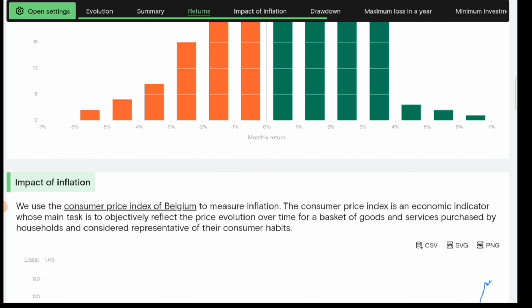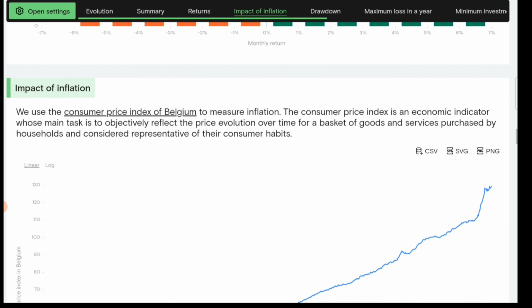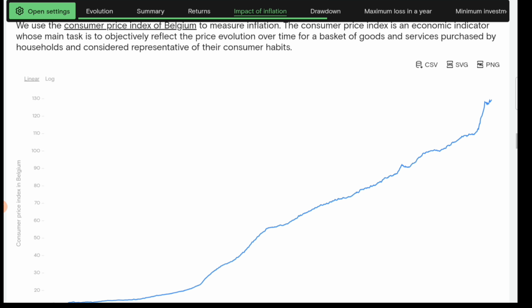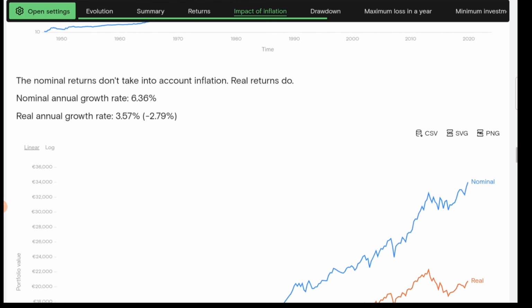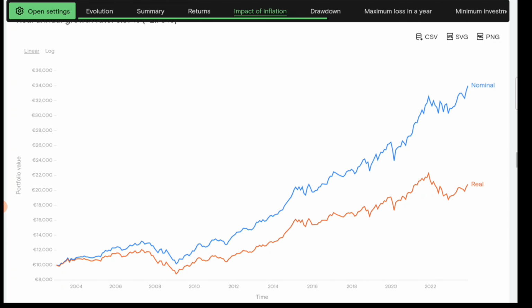The one I'm really interested in is, let's have a look at what this would have returned us when we factor inflation in. This is really interesting for me. The blue line is the nominal amount. That's how much it made literally. And the red line is how much it's made in real terms when we take inflation away.